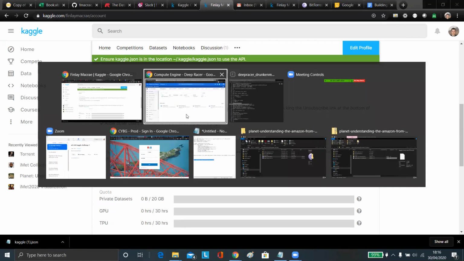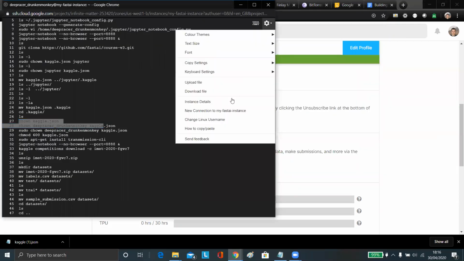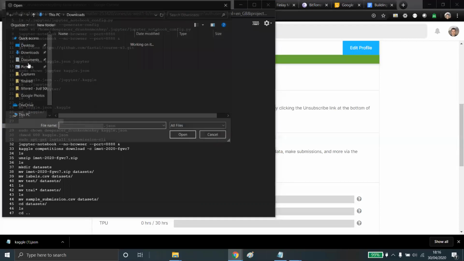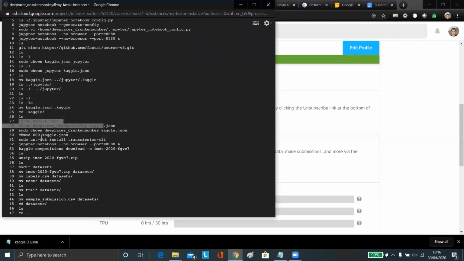The easiest way to move things up onto GCP is to click that cog button, upload file, and then go to downloads, where you can see the Kaggle JSON file. Once it's there, you do need to change its ownership and move it into your Kaggle directory, and that allows you to do Kaggle competition download.